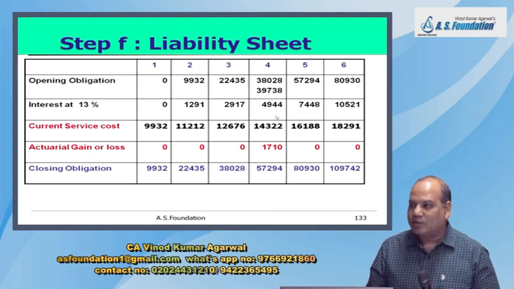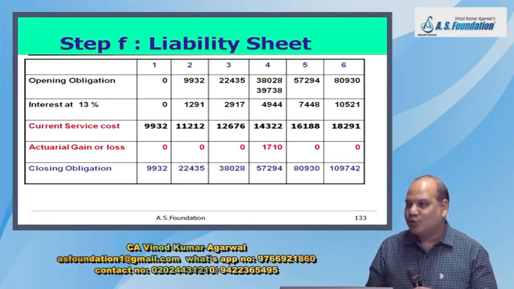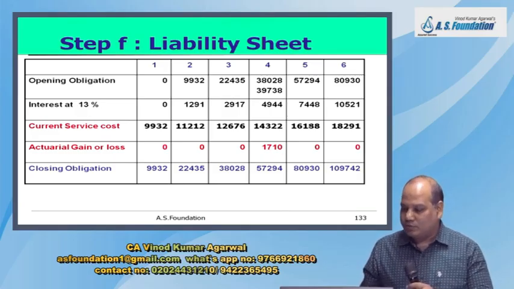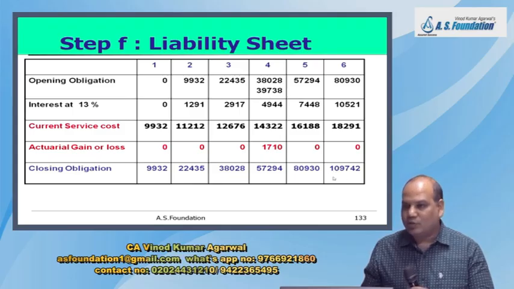And here I will write in bracket P&L account. Understood? And these 2 years will be the same. When the employee retires, you will make this amount of payment.